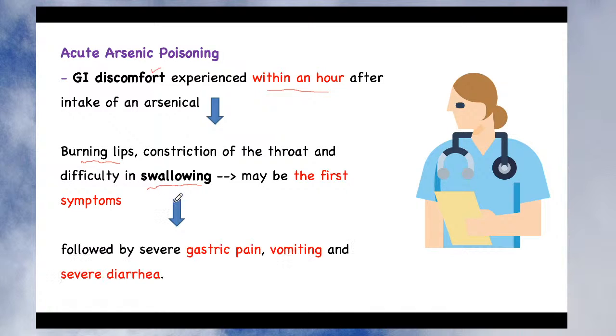Then it is followed by very severe gastric pain. The patient shows vomiting, and he may suffer from severe diarrhea. These are all local effects, meaning the arsenic has not entered the blood circulation; it is still in your stomach, and it is showing effect on your gastrointestinal tract.